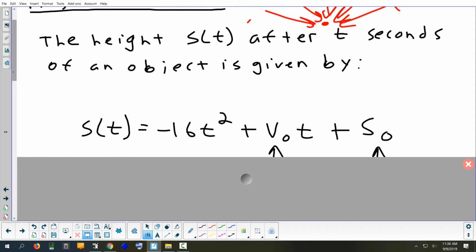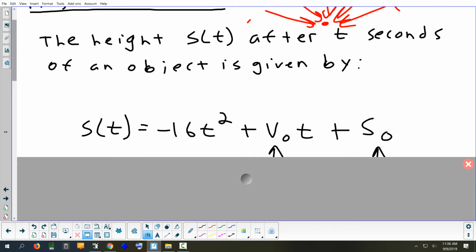So this formula gives you the height of an object after a certain amount of time has gone by. And it's negative 16t squared plus v sub 0 t plus s sub 0. Now, this negative 16 is from gravity. If you're in physics, you might see negative 9.8 meters per second squared, which is the acceleration due to gravity.